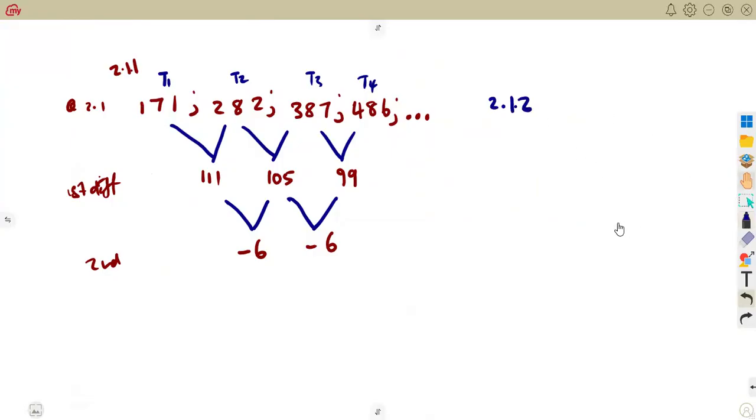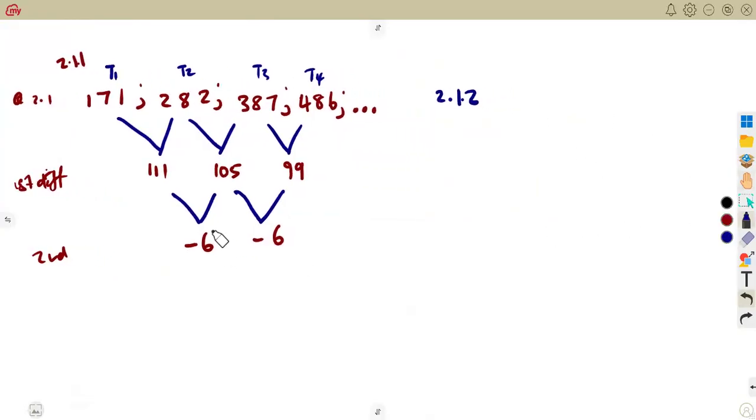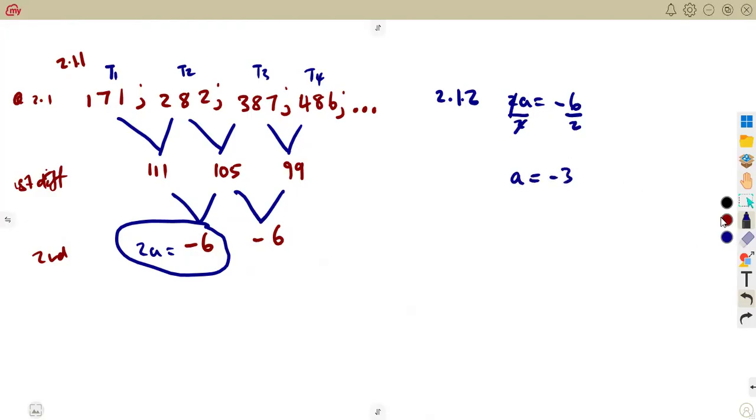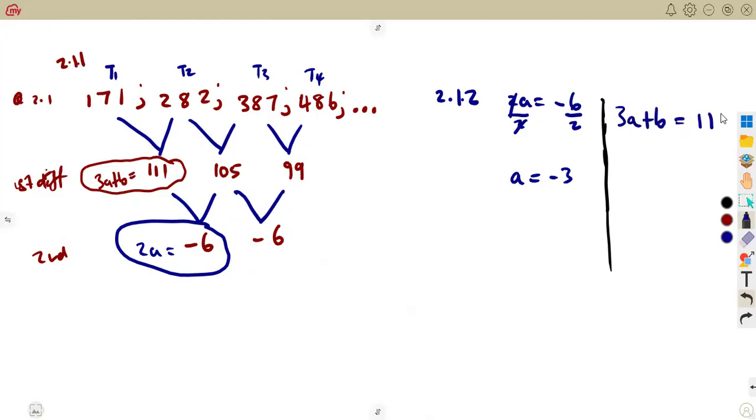As we understand on a quadratic, the second difference, we are going to equate this to 2a. So 2a is equal to minus 6. Simply divide by 2 by 2, so a is equal to minus 3. Then moving on to the 111, we are going to take this as 3a plus b, which is equal to 111.